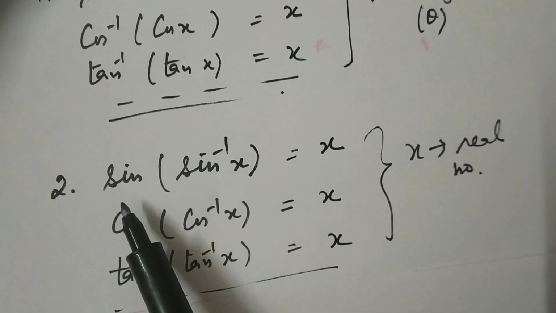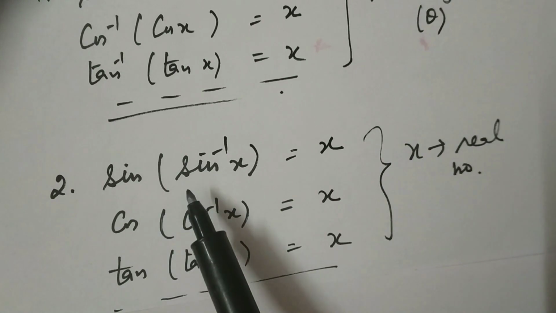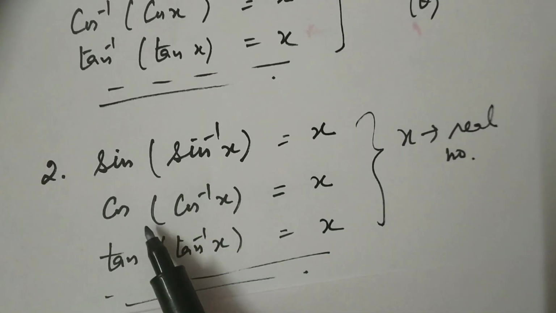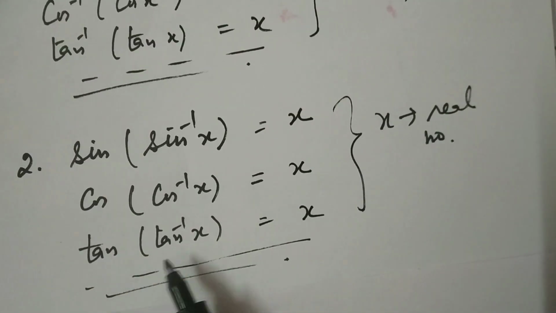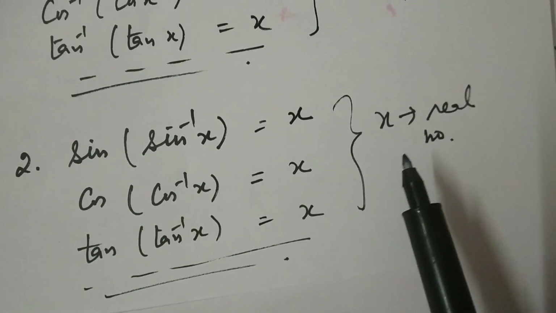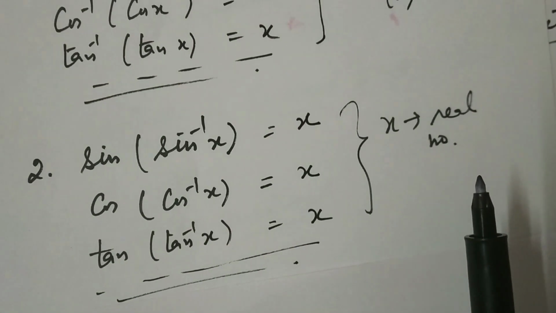Now here the trigonometric function is outside and the inverse is inside. So in the second property, sine of sine inverse x is equal to x, cos of cos inverse x is equal to x, tan of tan inverse x is equal to x. Here x denotes the real number.